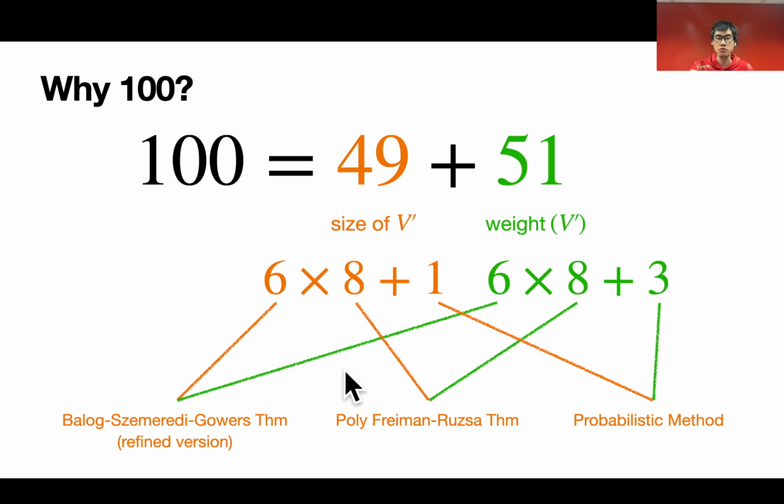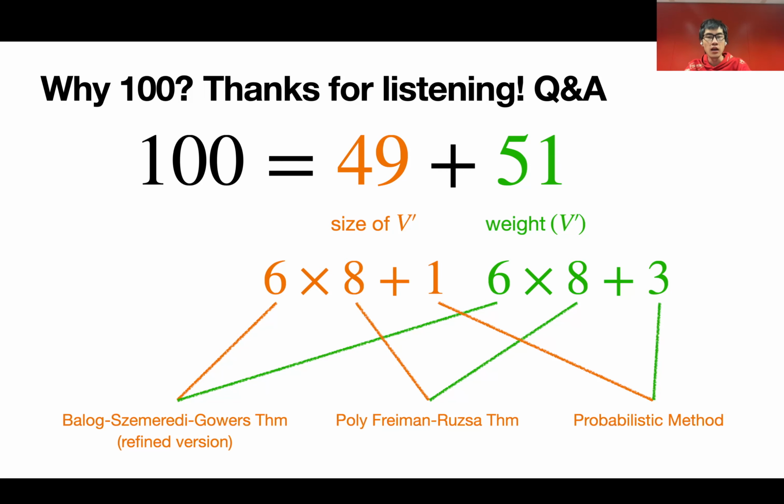And then from the recent breakthrough, the polynomial Freiman-Ruzsa theorem, we have this parameter 8. And then we have the small numbers using the probabilistic method. So if you want to improve the 100 a little bit, you really need to open the black box of the combinatorial theorems. Thanks for listening.